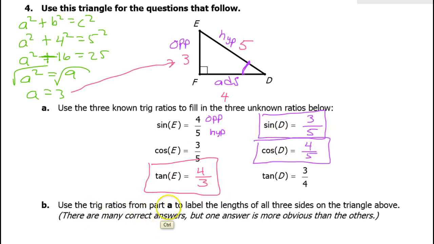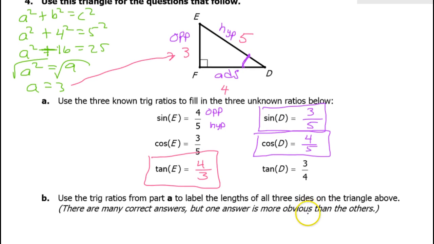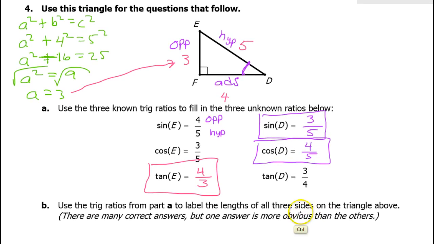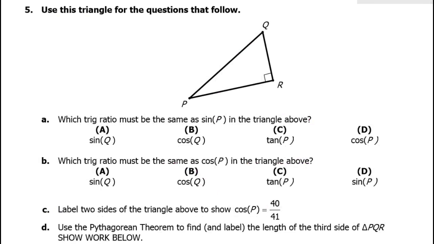Use the trig ratios from part A to label the lengths of all three sides on the triangle above. Okay, I feel like we automatically did that. Look at number 5. We've got these acute angles P and Q. When you have the two acute angles inside of the same right triangle, they are complementary.